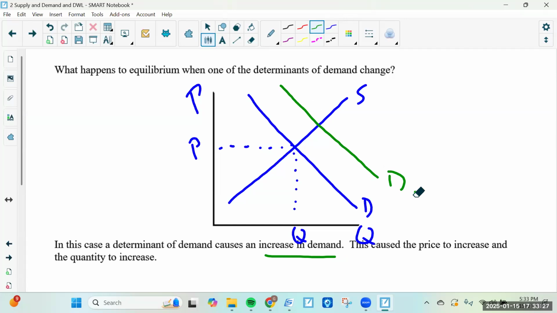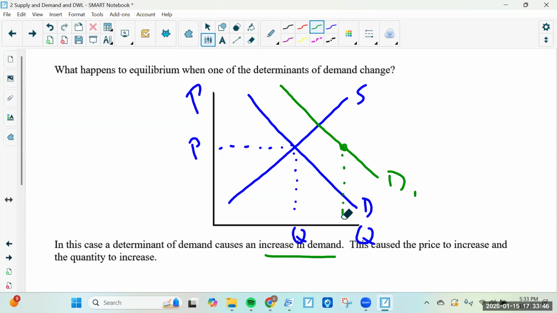Maybe something happened and we just decide, hey, suddenly we want to buy more of this product. Seller doesn't know that. The seller doesn't know that this is about to happen, so they don't know to raise the price. So what happens is immediately the quantity demanded is actually way out here, right?